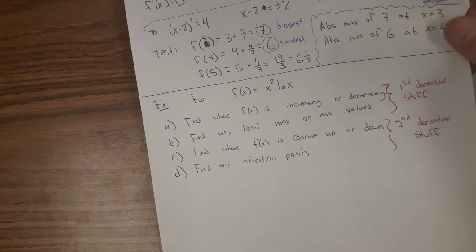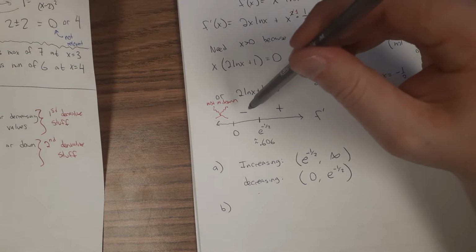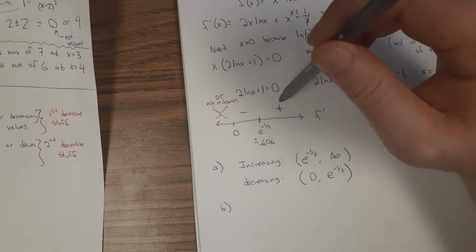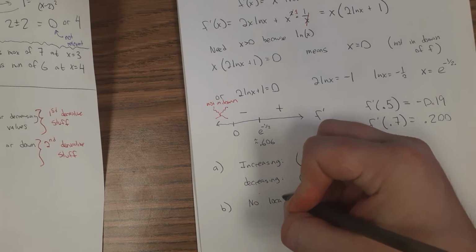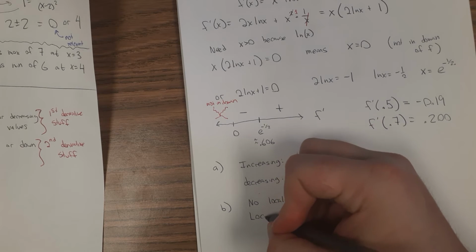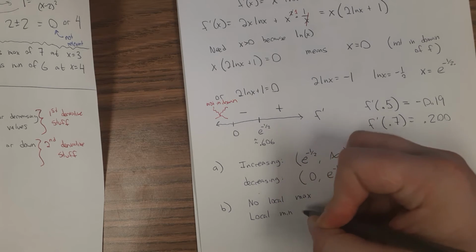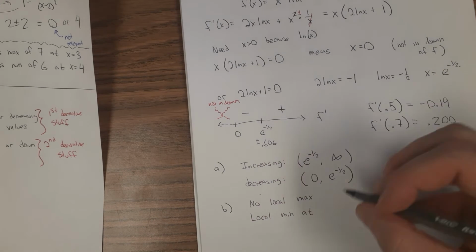Part B was to find any local max or min values. A local max would be if I saw a plus followed by a minus, which I don't see. I do see a local min. I see a minus followed by a plus.